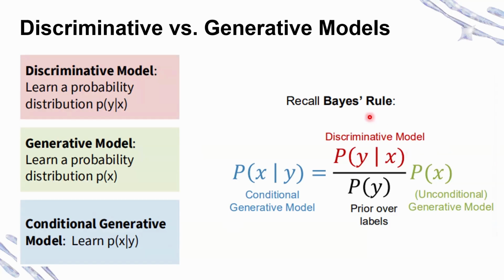Say we have access to a discriminative model, an unconditional model P of X, as well as some prior distribution over our label P of Y. Then we can compose these to build a conditional generative model, which predicts X given Y. The reason this is really important is that we can always find one given the other two, so we can always rearrange these to find any of the models.